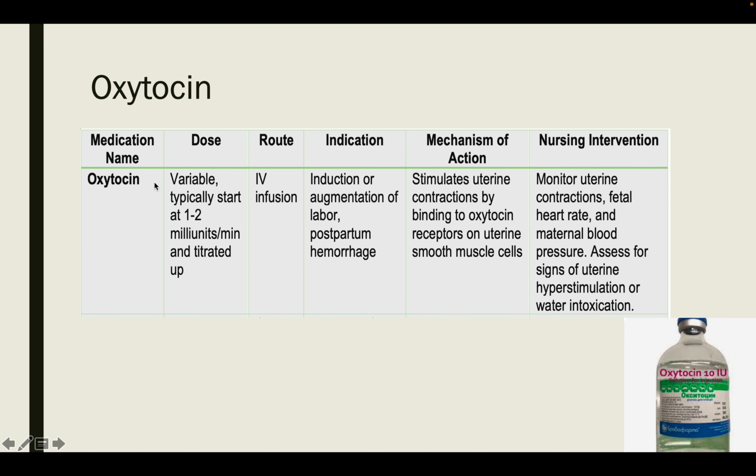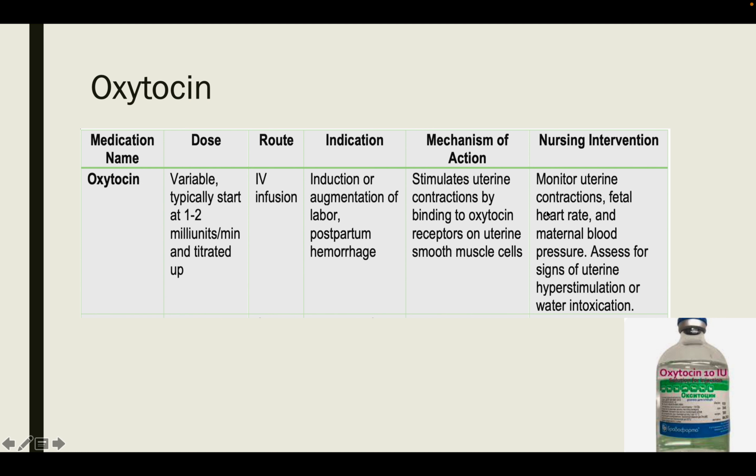Of course, we're going to monitor the CTG for the uterine contraction, and after that the doctor, or the certified nurse midwife, would decide if the oxytocin has to be increased, stay at the same rate, or maybe stop. The mechanism of action is that it binds to the oxytocin receptors in the uterus to enhance the uterine contraction.